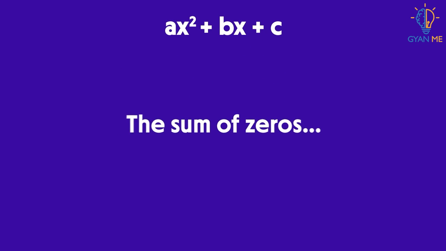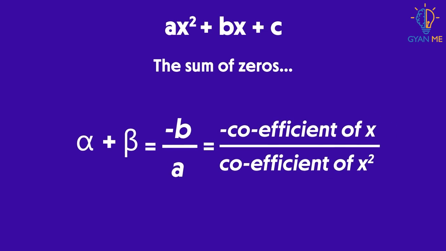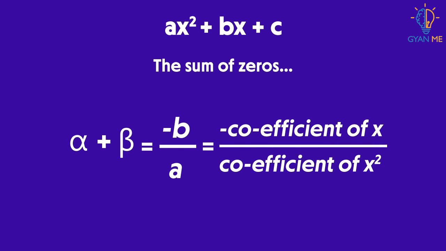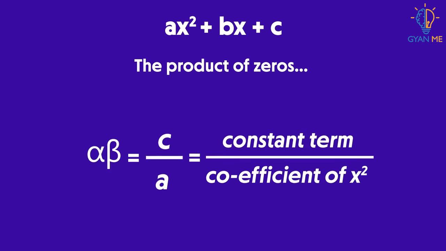Then the sum of zeros, that is alpha plus beta, is equal to minus b upon a, which is equal to minus coefficient of x upon coefficient of x square. The product of zeros, that is alpha into beta, is equal to c upon a, which is equal to constant term upon coefficient of x square.